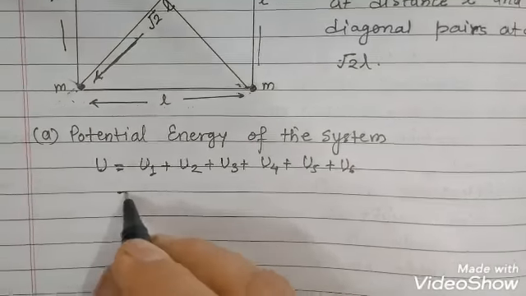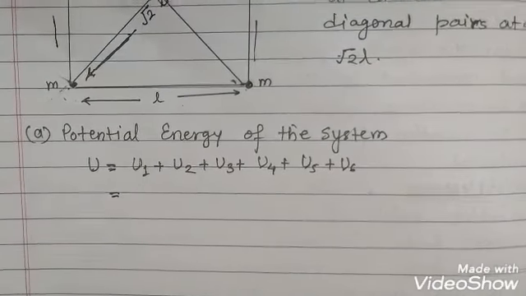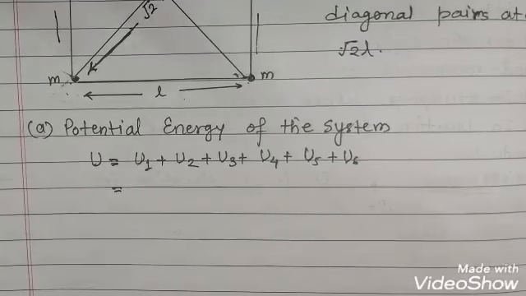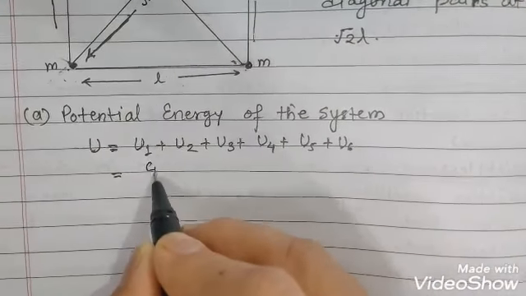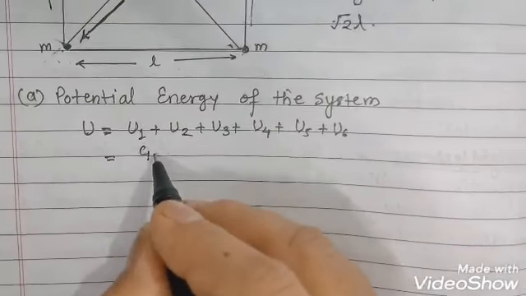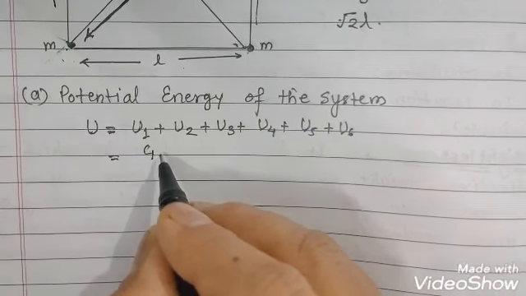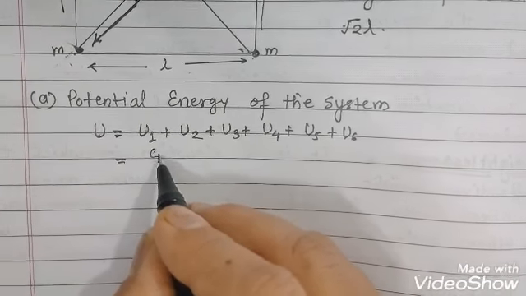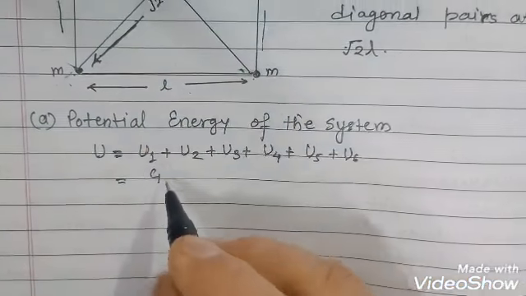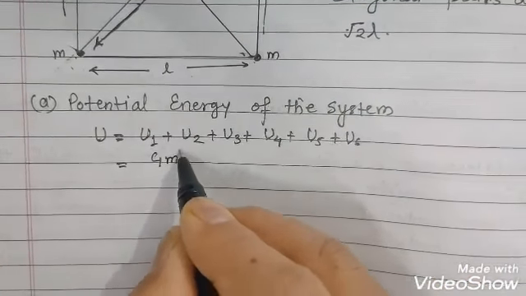For the first 4 pairs, you know that the potential energy is given by G mass m into m upon r. Here the masses are equal, so m into m is m square.